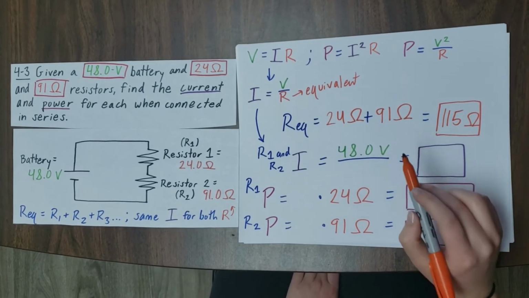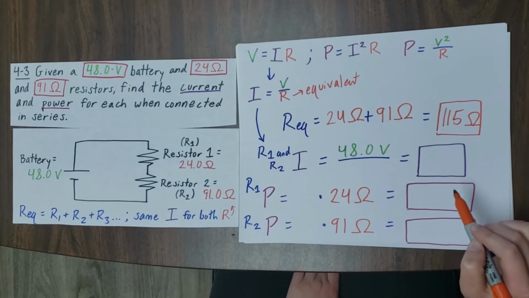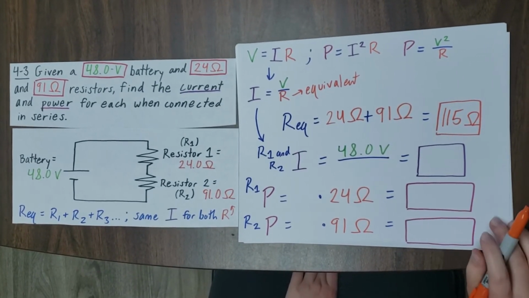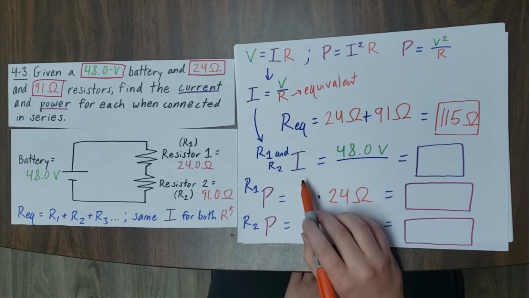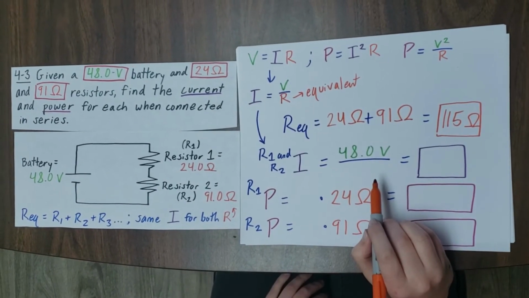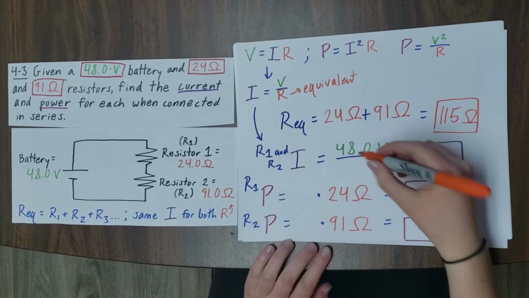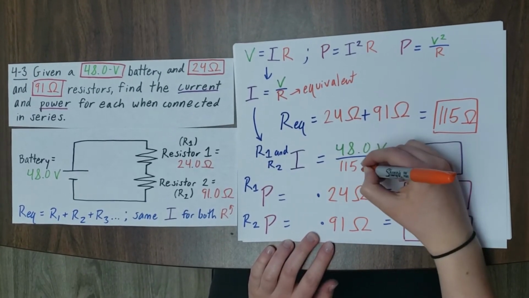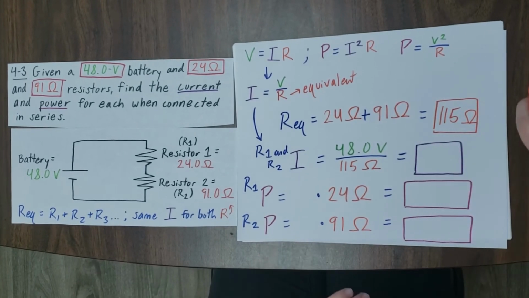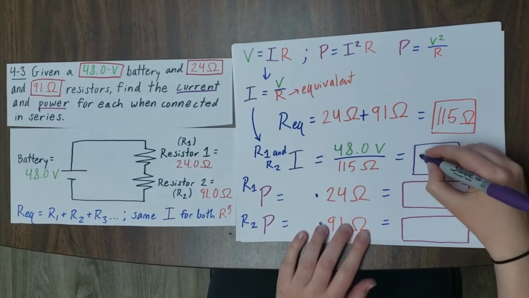Now we can use Ohm's law to determine the current, since it will be the same for both resistors. So the current I is equal to the voltage of the battery divided by the equivalent resistance, 115 ohms, which equals 0.417 amps.